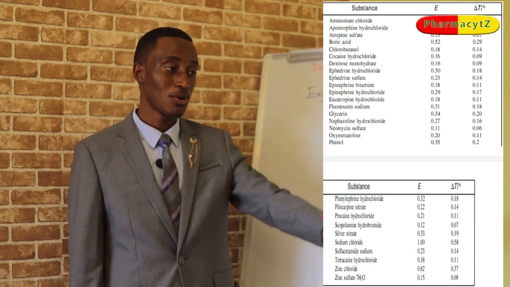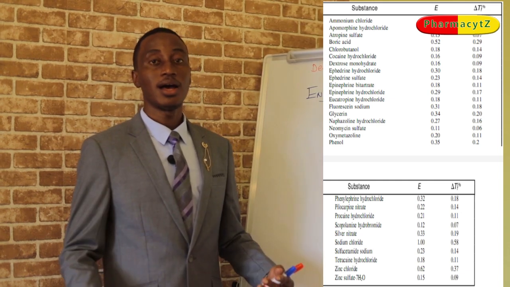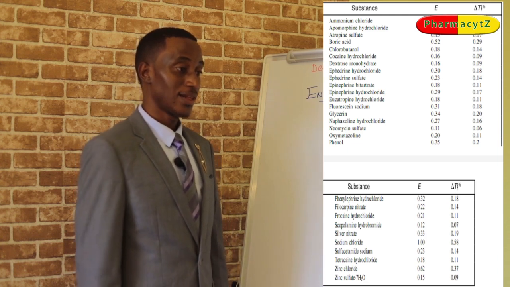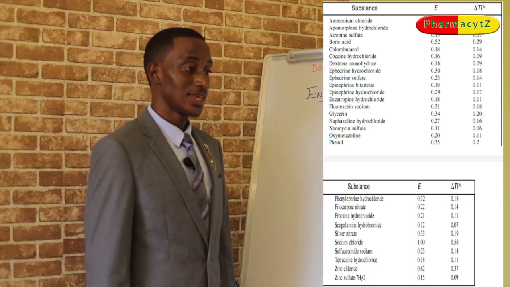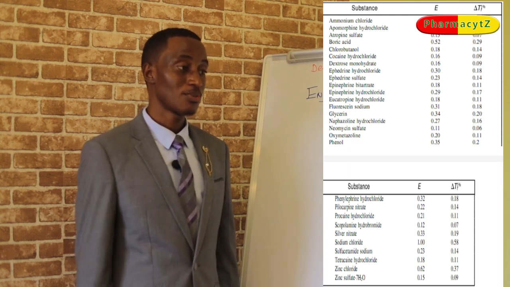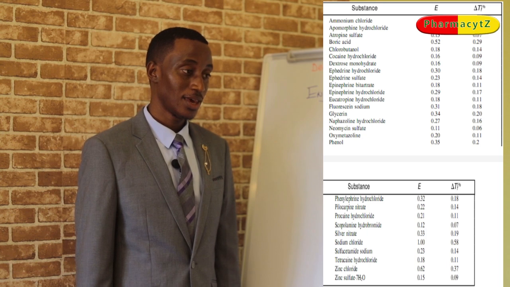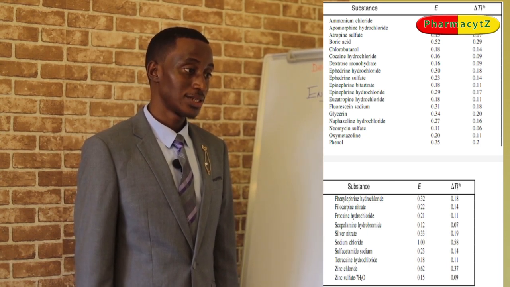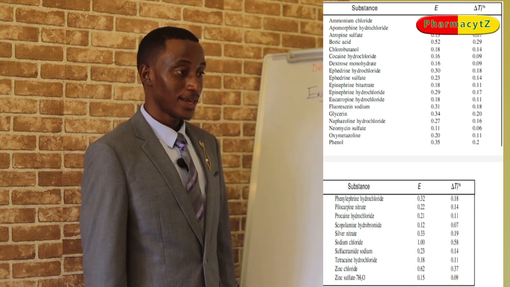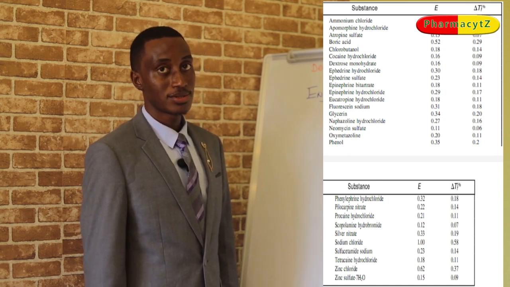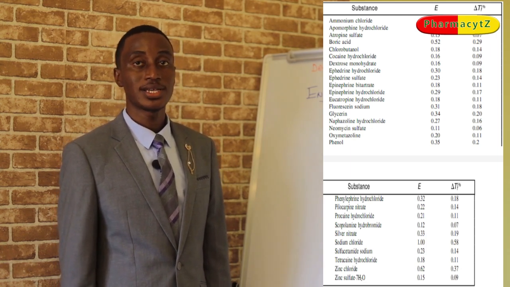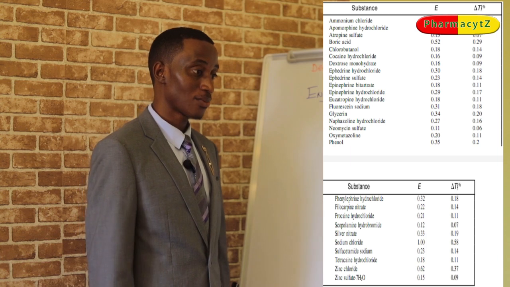So that is the table of sodium chloride equivalents, and it is abbreviated as E. You can see we have ammonium chloride. Its sodium chloride equivalent is 1.08, meaning 1.08 grams of sodium chloride can produce the same osmotic effect as 1 gram of ammonium chloride.